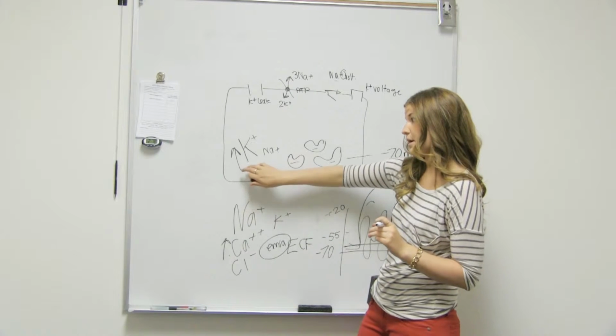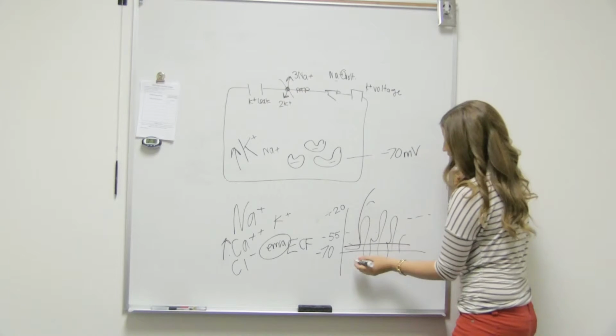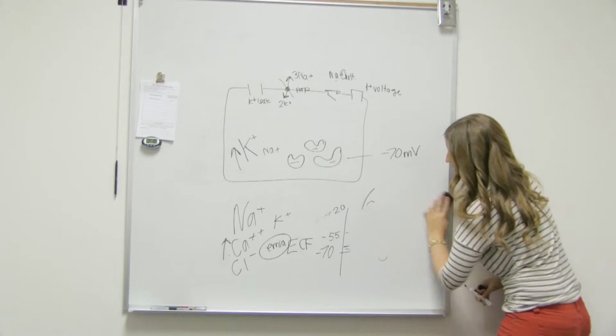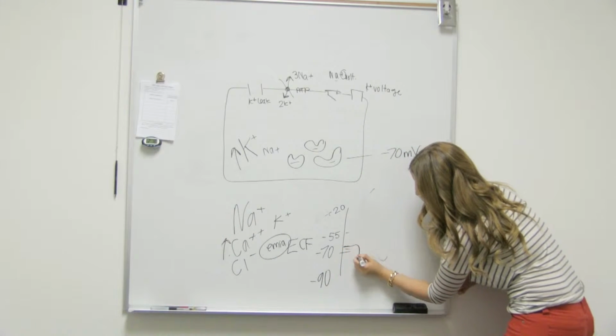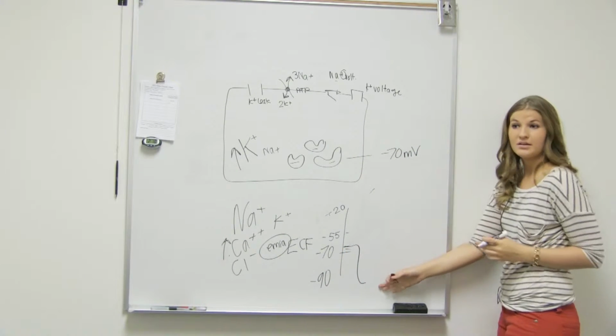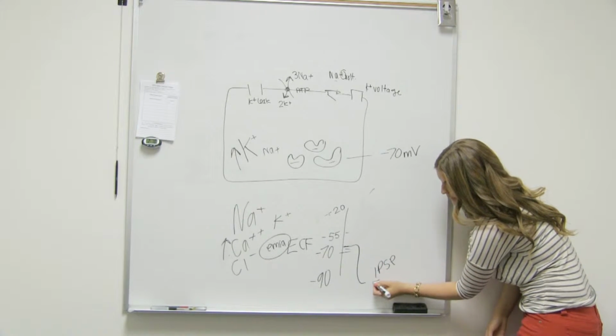So if I increase my potassium in here, it's actually going to make the cell more negative. So it's going to go down to maybe negative 90. And the reason for that, it's going to be an IPSP. What's that? An inhibitory.